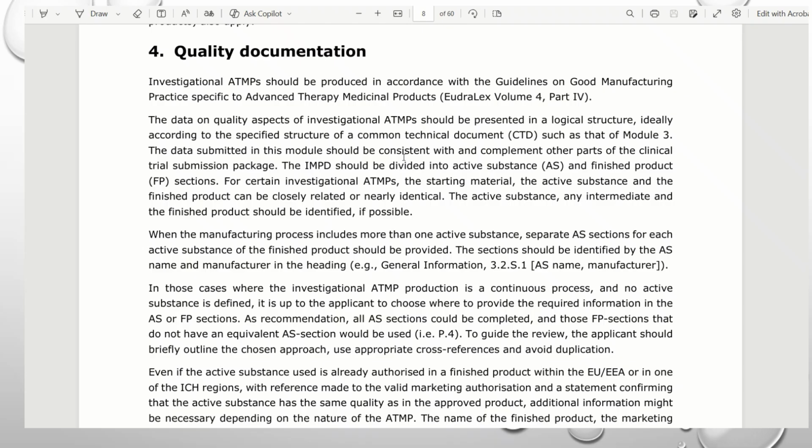So for example, the manufacturing authorization should be applicable to the manufacturing sites that are listed in the IMPD quality section. The labeling should be consistent with, for example, the storage conditions provided in your dossier. It should be consistent and complement other parts of the clinical trial submission package.